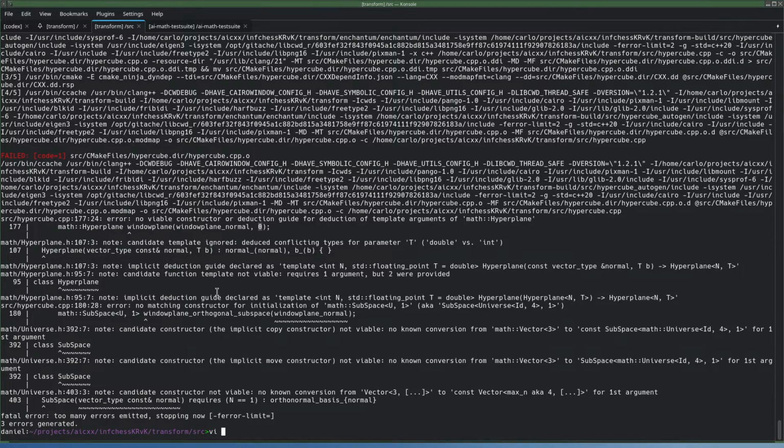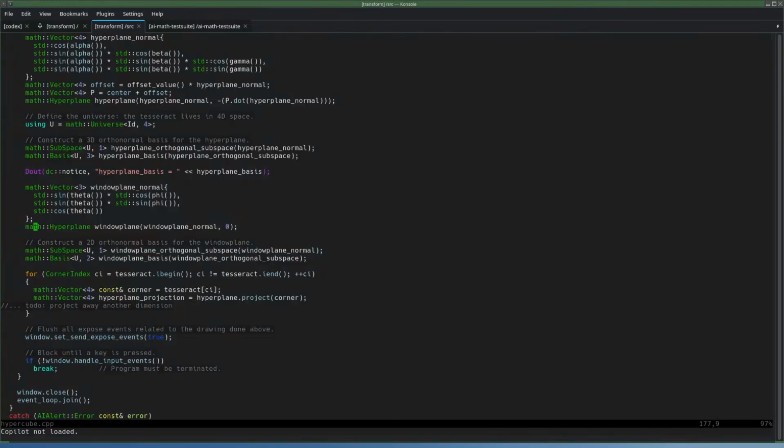Or rather, it doesn't know if it has to use a double or a float. It's kind of weird because that information is also in the window plane normal. I don't like that it tries to deduce it from here. I want to enforce it on that. The type is already fixed. It should not deduce the type from this parameter.